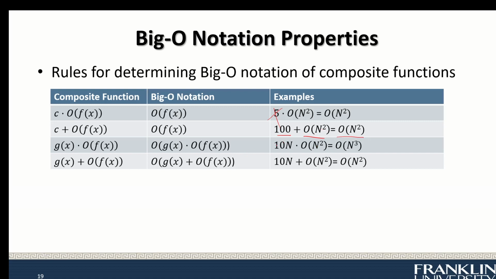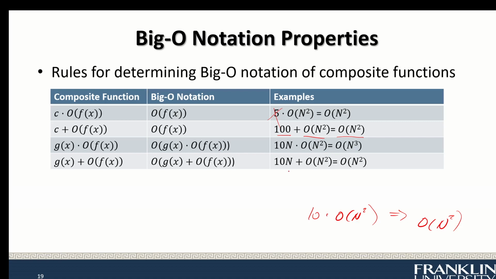If a product like 10n times O(n squared), you get n cubed. But if it were 10 times O(n squared), this is still O(n squared). This is basically just 10 times O(n squared), which is just O(n squared). But in this case, 10n times O(n squared), the runtime would be O(n cubed).